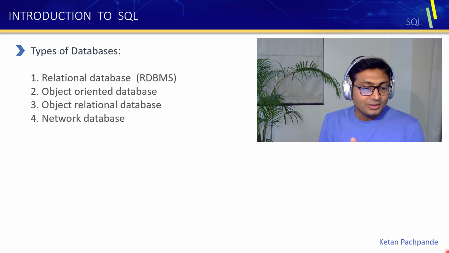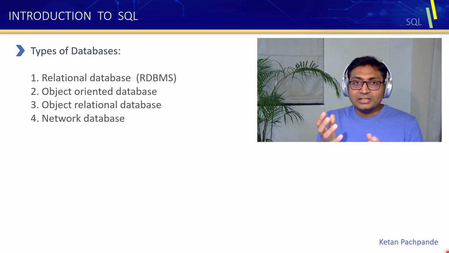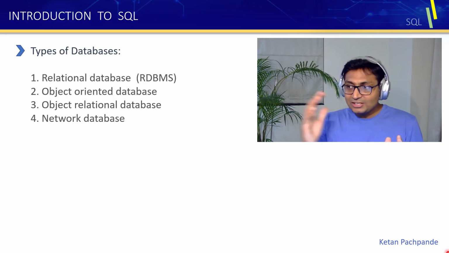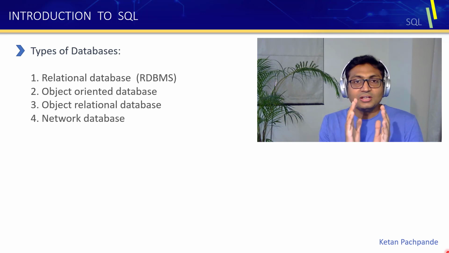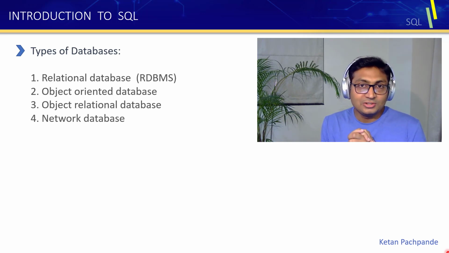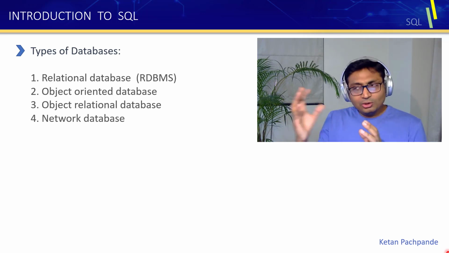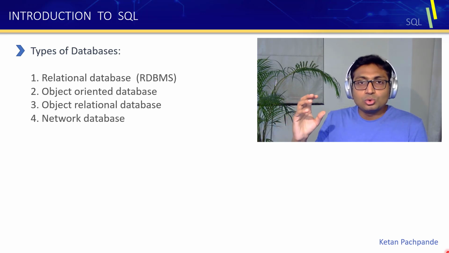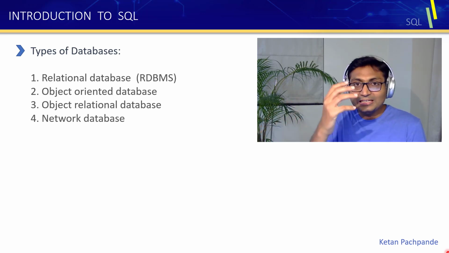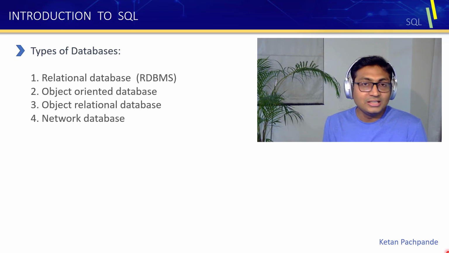The database management system that manages the relational type of data is called a relational database management system. Depending on the database type, how the data is stored onto the secondary disk, the DBMS systems also differ.